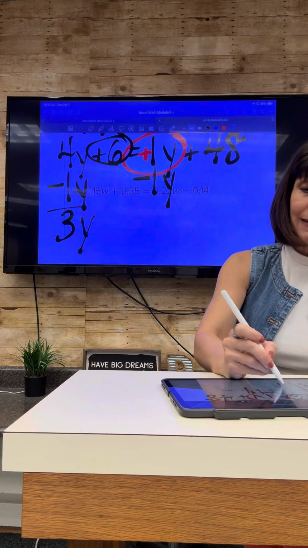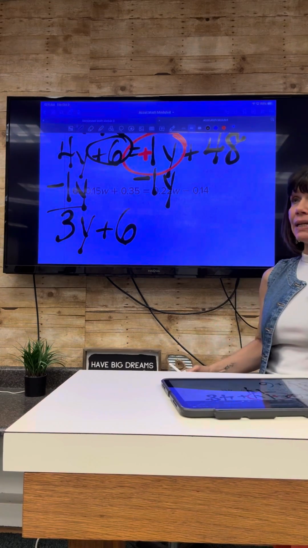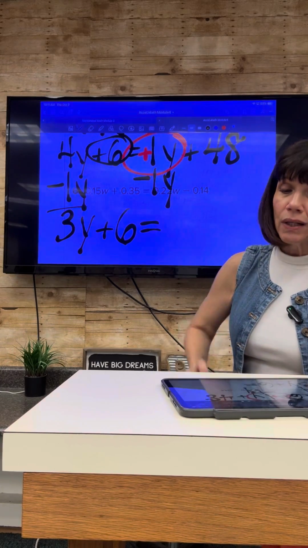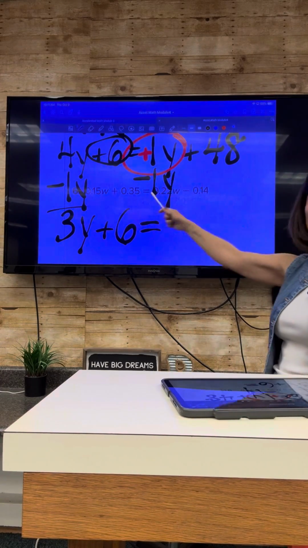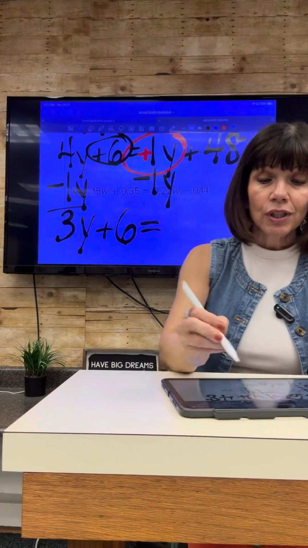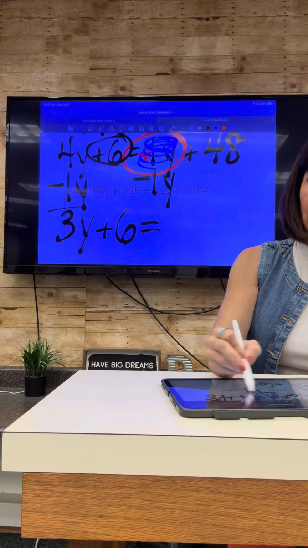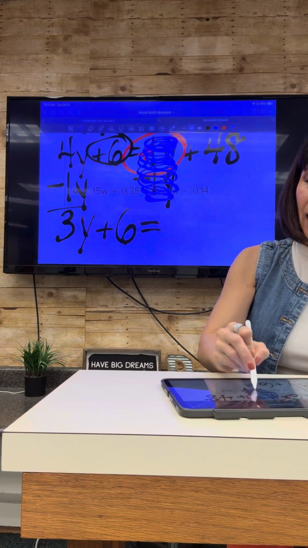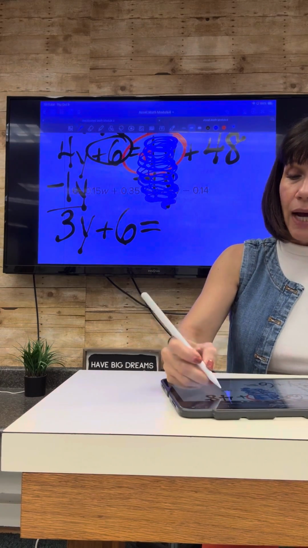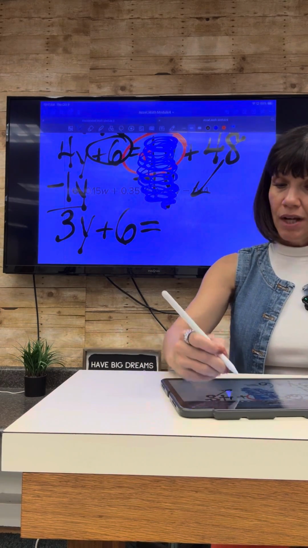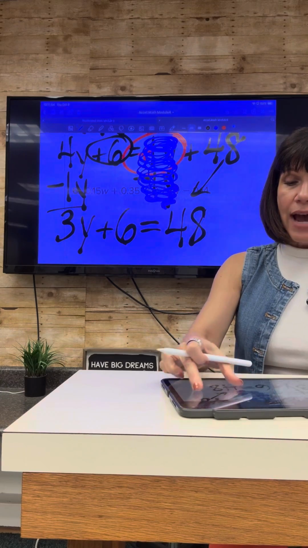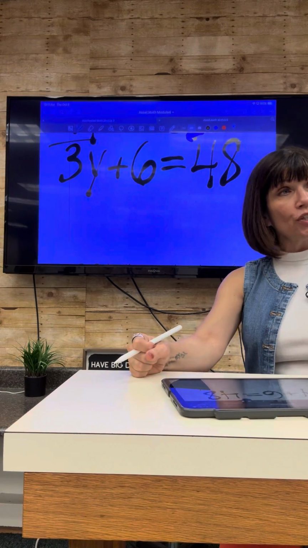Please copy plus 6. What do I copy next? Equals. What do I do with the 1y minus 1y so my brain won't get confused? Cancel it, cross it out, obliterate it, all of the above. What is the only amount that I will bring on down? 48. We are now at the 2-step equation.